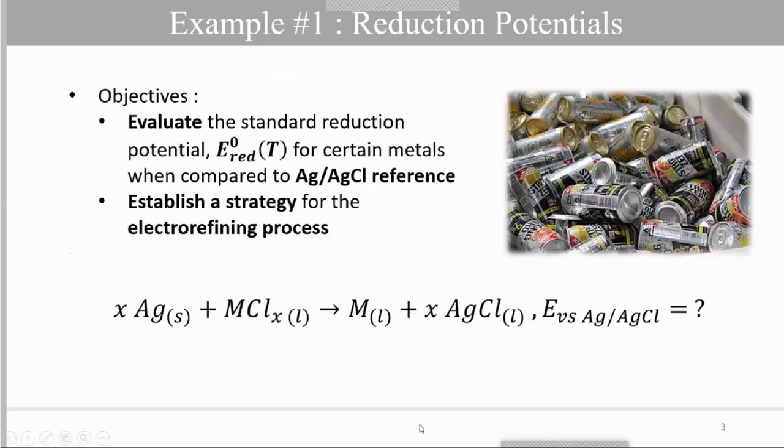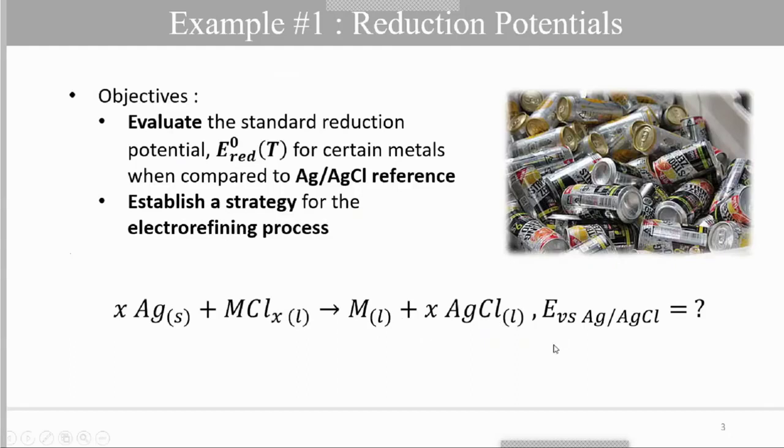So basically, the reaction that we're going to use, because it's going to be in the reaction module, is silver in its solid state, a certain chloride of a certain metal. It depends on your system, and that will be reduced into the metal, the silver chloride.